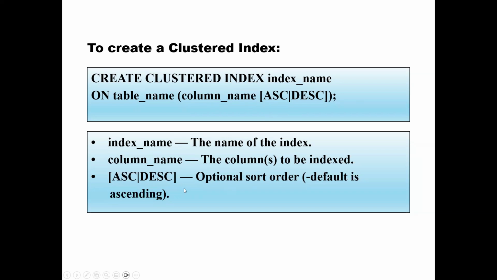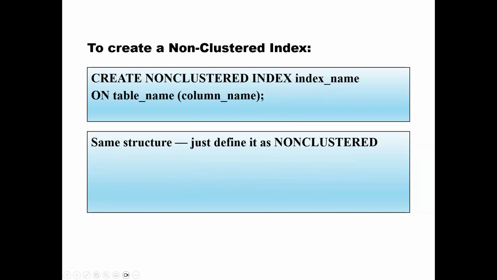ASC or DESC shows optional sort order. Default is ascending. To create a non-clustered index, we can use the following code. CREATE NONCLUSTERED INDEX index_name ON table_name (column_name). Same structure. Just define it as non-clustered.